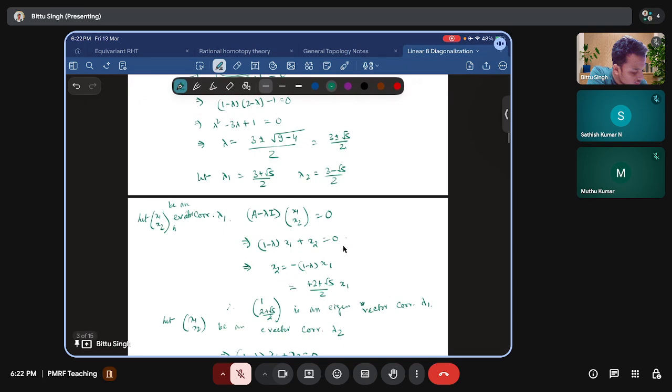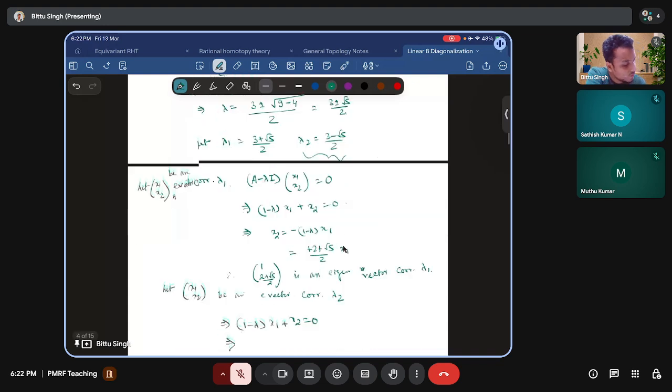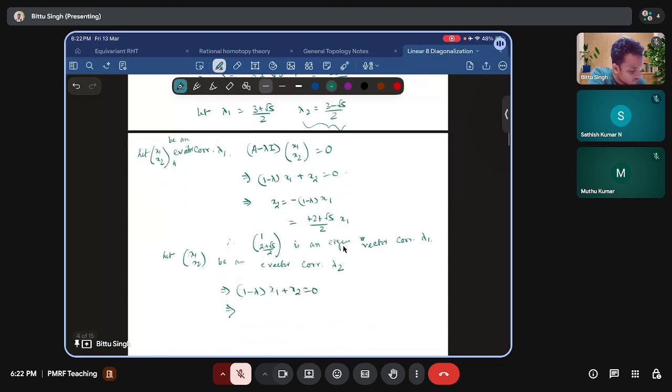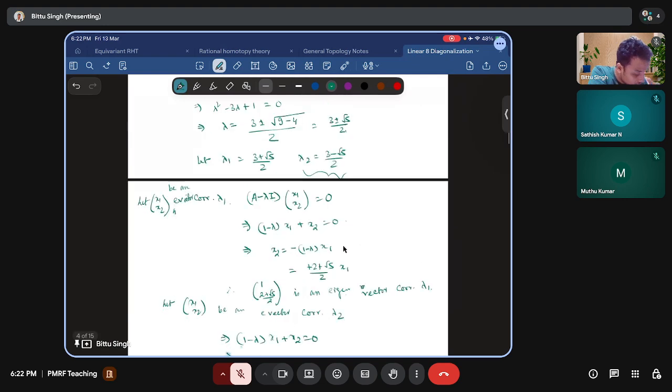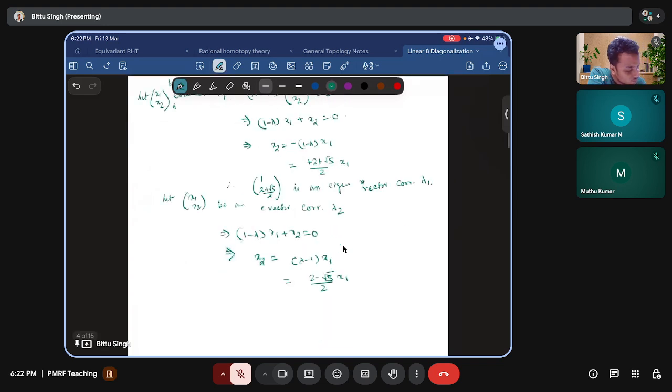Now 1 minus, what is the value of lambda? It is lambda 2, which is (3 minus root 5) by 2. So again we get the same solution: x2 equals (lambda minus 1) times x1, and this is (3 minus root 5), that is (2 minus root 5) by 2 times x1.